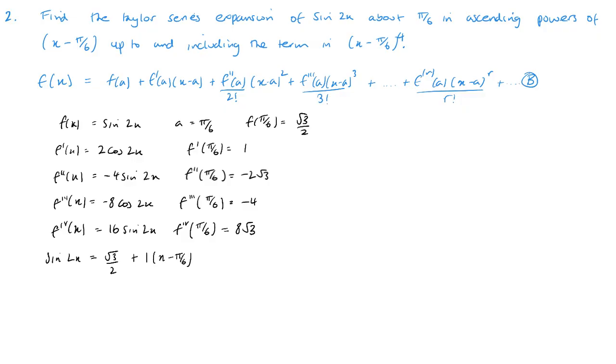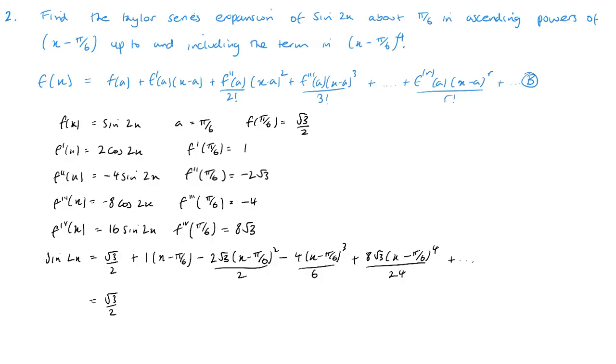Now it's not 1, it's minus 2 root 3 times x minus pi by 6 squared over 2 factorial, minus 4 times x minus pi by 6 cubed over 3 factorial, plus 8 root 3 times x minus pi by 6 to the power 4 over 4 factorial. Now all I'm going to do now is just simplify this.